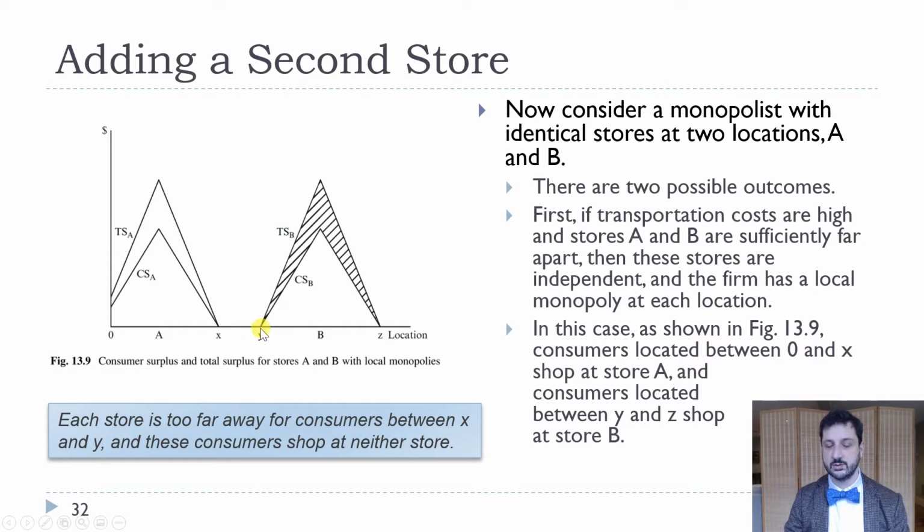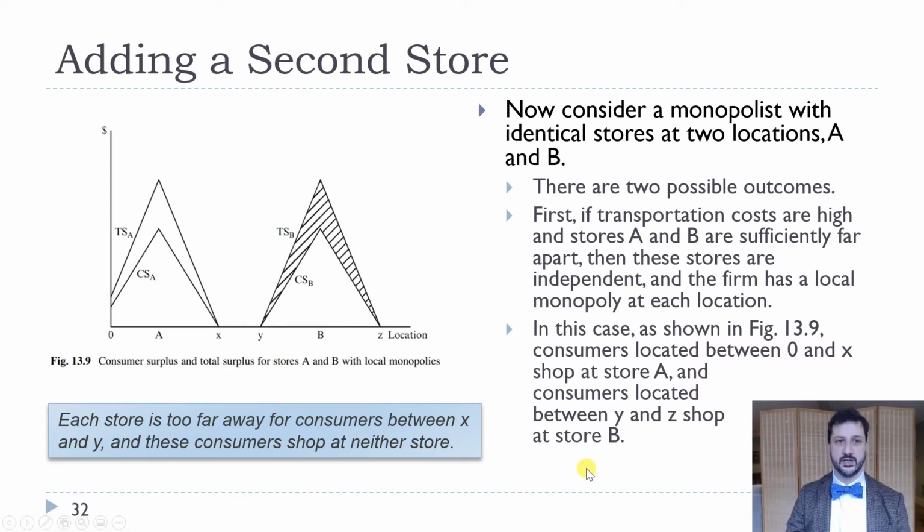Customers between X and Y are not buying at all because the stores are too far away, and anybody from Z to 1 is not buying either. So now we have two products, and they're basically each acting like a monopoly, right?